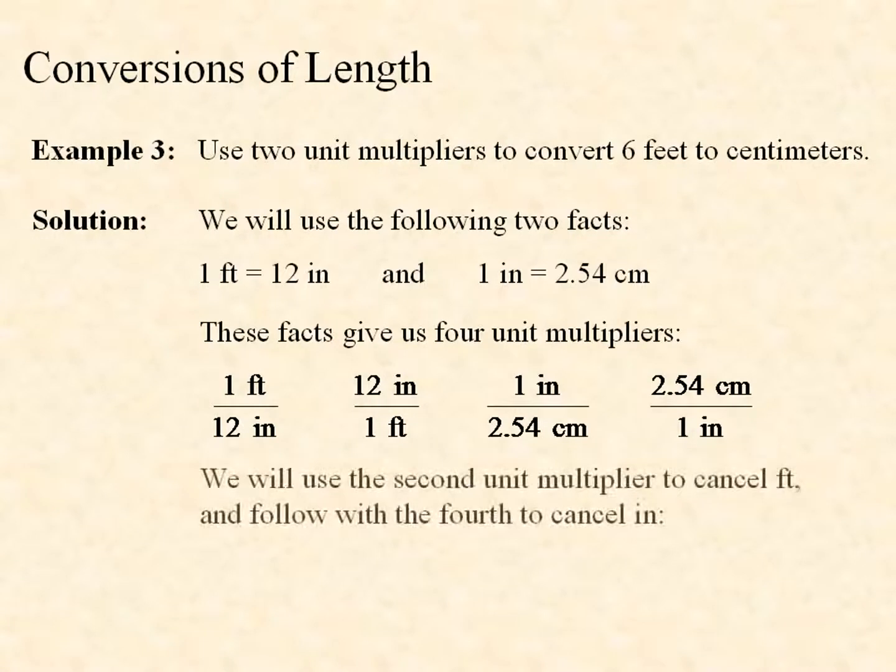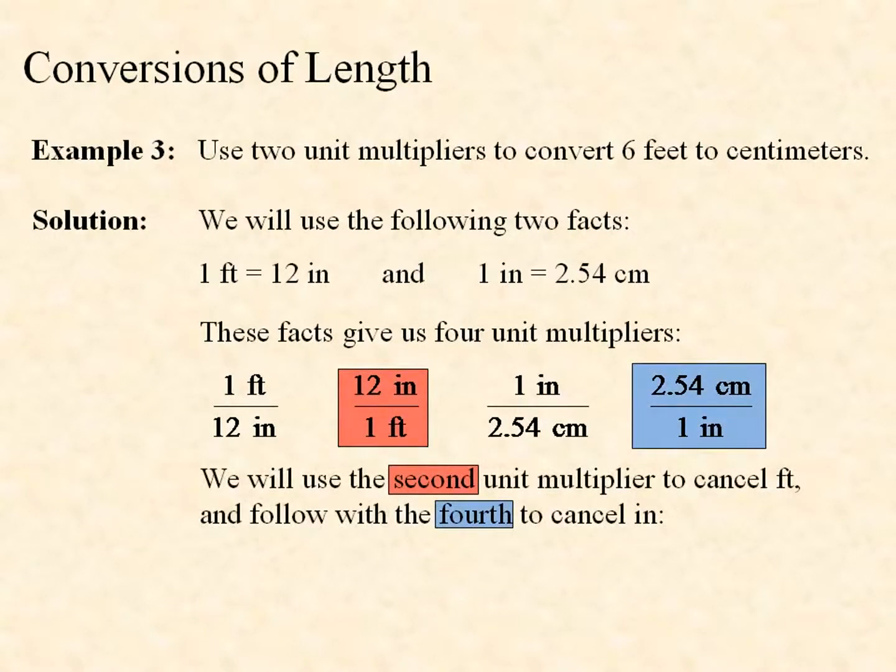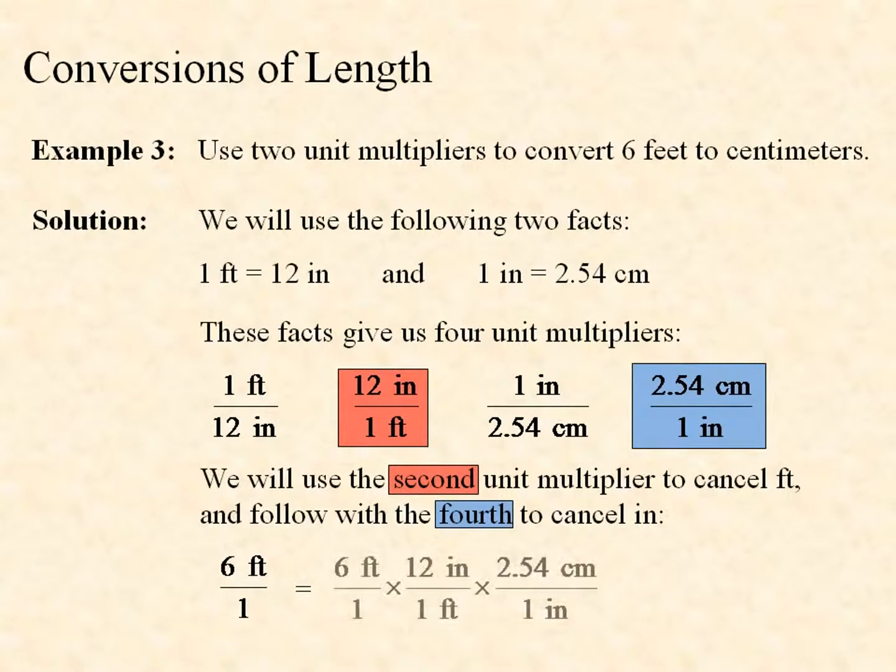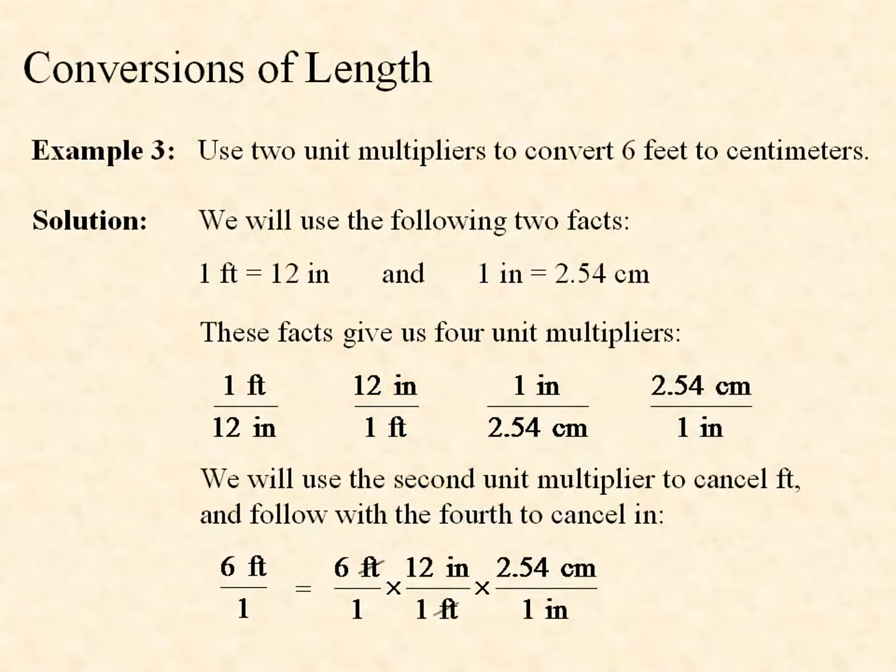We will use the second unit multiplier to cancel feet, and follow with the fourth to cancel inches. So we have 6 feet over 1 times 12 inches over 1 foot times 2.54 centimeters over 1 inch. You see the feet cancel and the inches cancel. So if we multiply what's left, we get 182.88 centimeters.